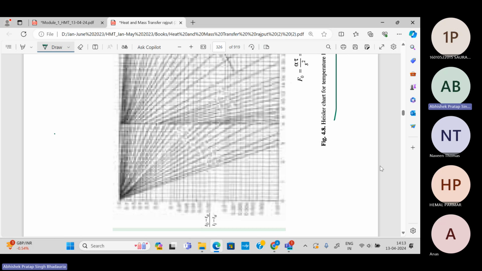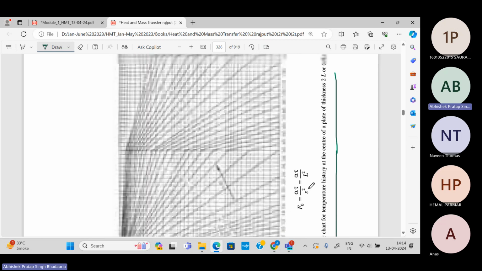Here we have a plate, so we use the correction factor chart of the plate, and then multiply the correction factor with this temperature distribution factor. In this way we can find the temperature at a location other than the mid plane.